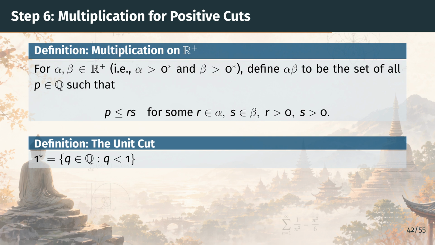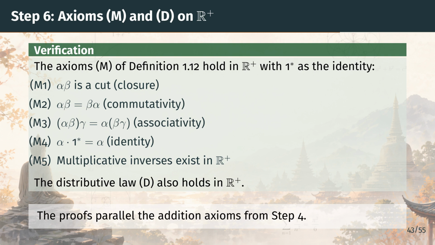Another small detail. Notice the definition uses P less than or equal to RS, not strict, to ensure downward closure works cleanly. Rudin skips these proofs because they are mechanical repetitions of the addition arguments, but it is worth mentioning what is different. Multiplicative inverses are the one genuinely novel step.